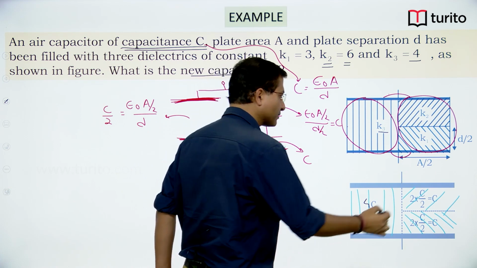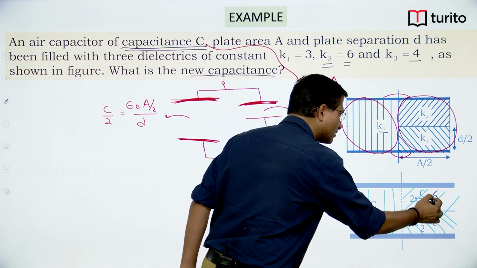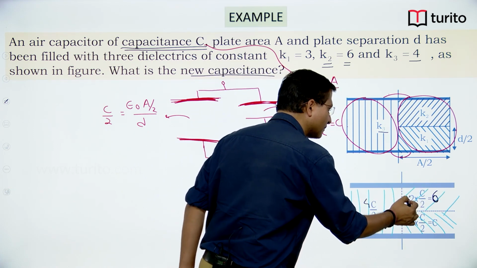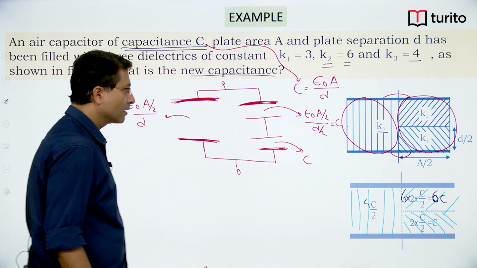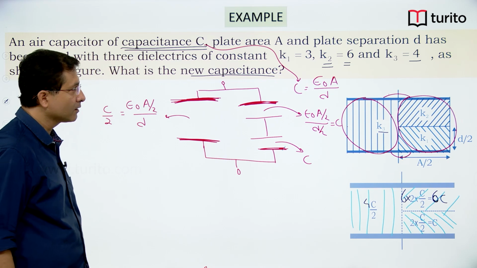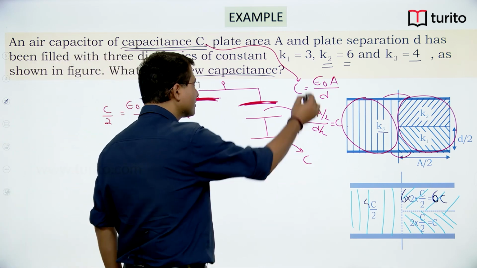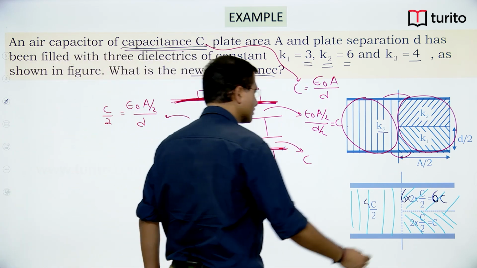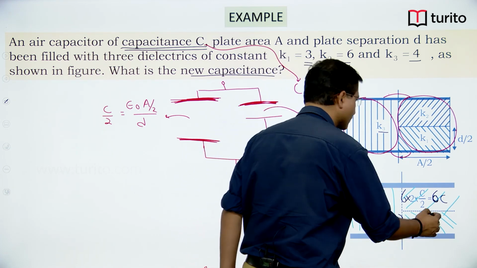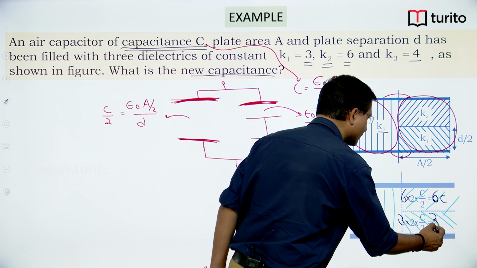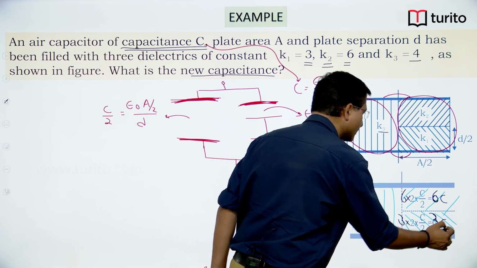So here capacitance will become 6C after placing the dielectric. Now the below one, K1 is 3. So this will be 3C.